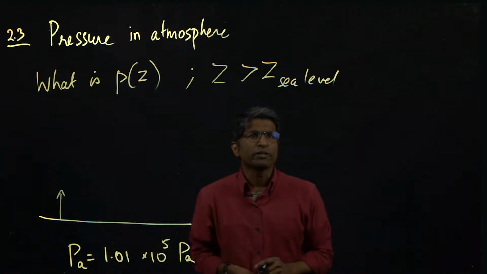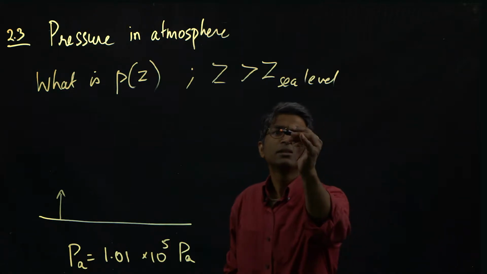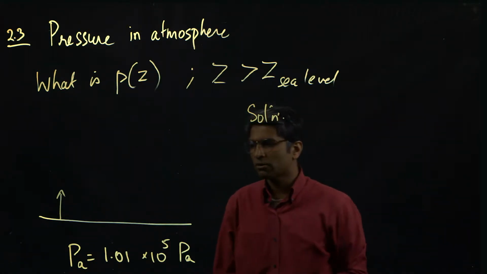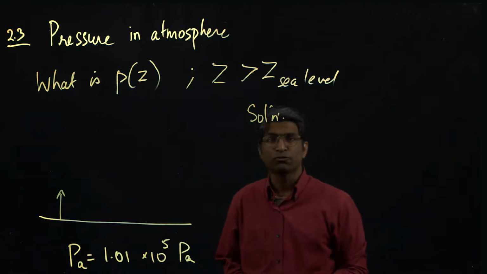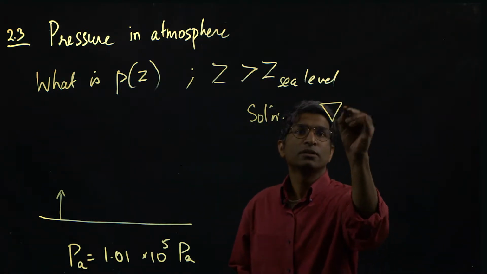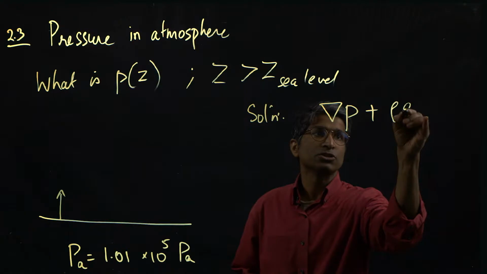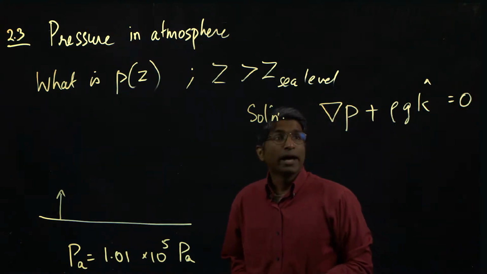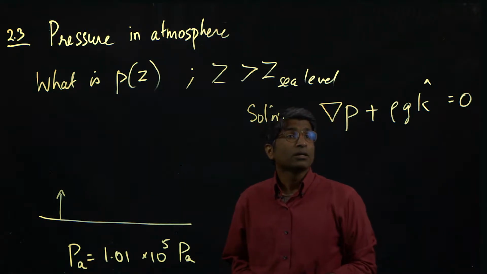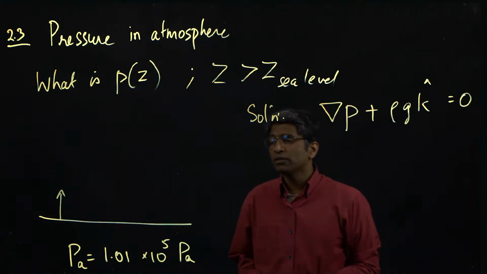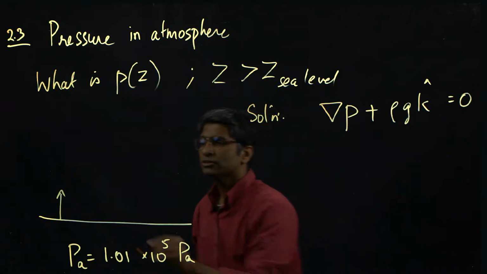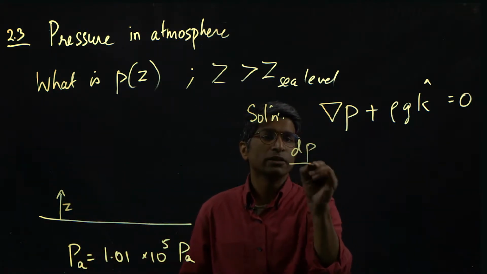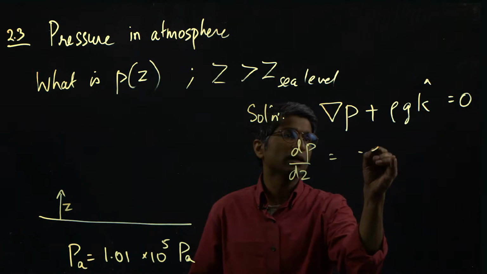What we do is start from our fundamental equation of force balance, which is del P plus rho g k equals 0, and we aren't worried about variation in the x and y directions. So this essentially reduces to dP/dz equals minus rho g.